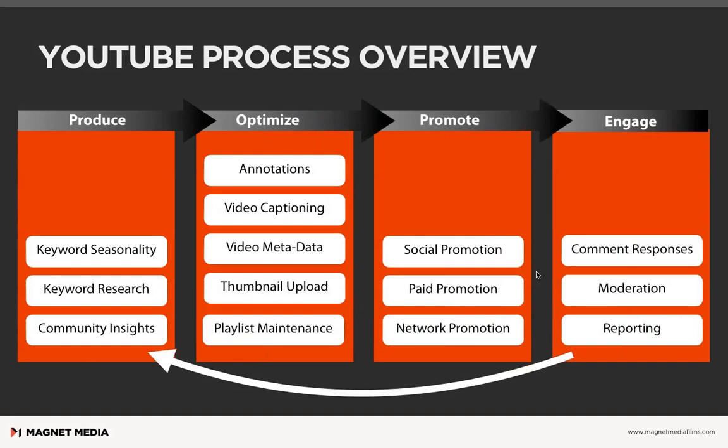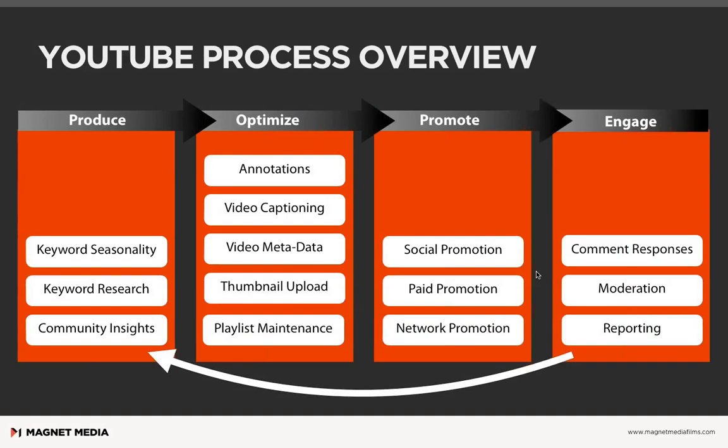When we're looking at producing a video, this is where we would come in for any keyword research, any keyword seasonality, or any insights that we might have from our community. So that's perhaps questions that people have left in certain videos, or just ideas that people leave you in your comments. So incorporating some of those insights from your fans and super fans.